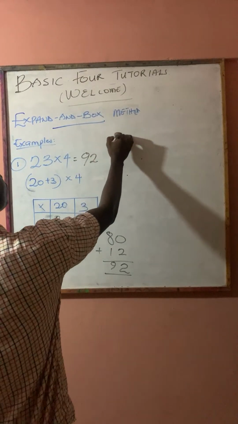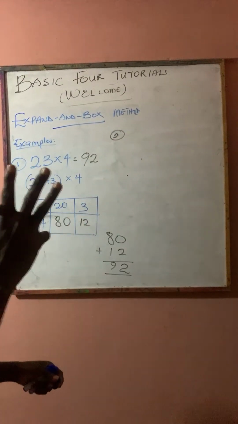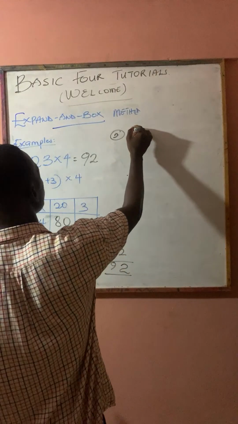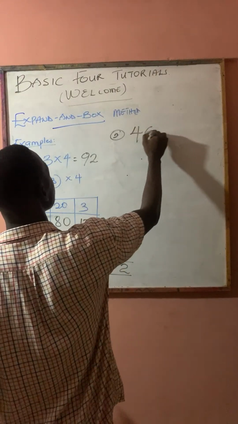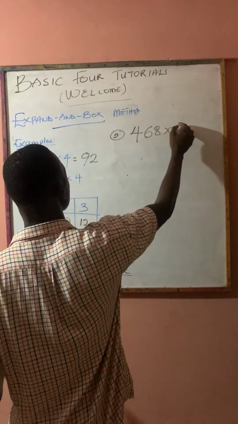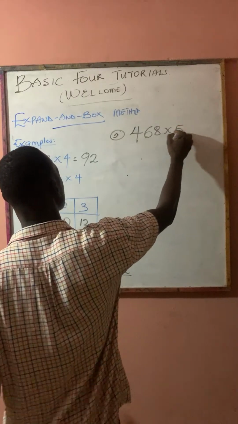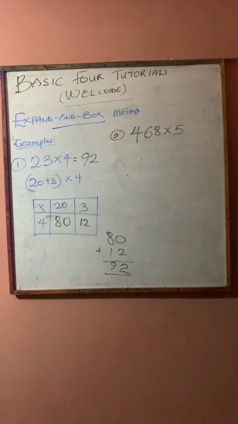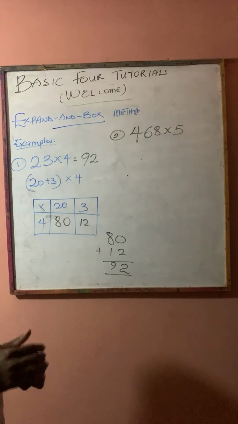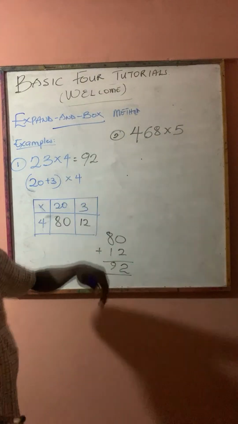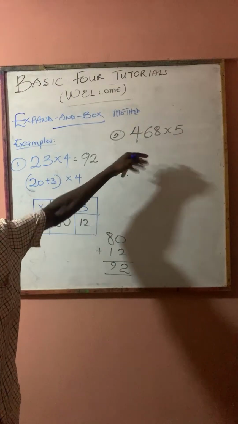So, number 2. Let's take a 3-digit number, okay? Like 468 times 5. 468 times 5, okay? So first of all, we expand the number.